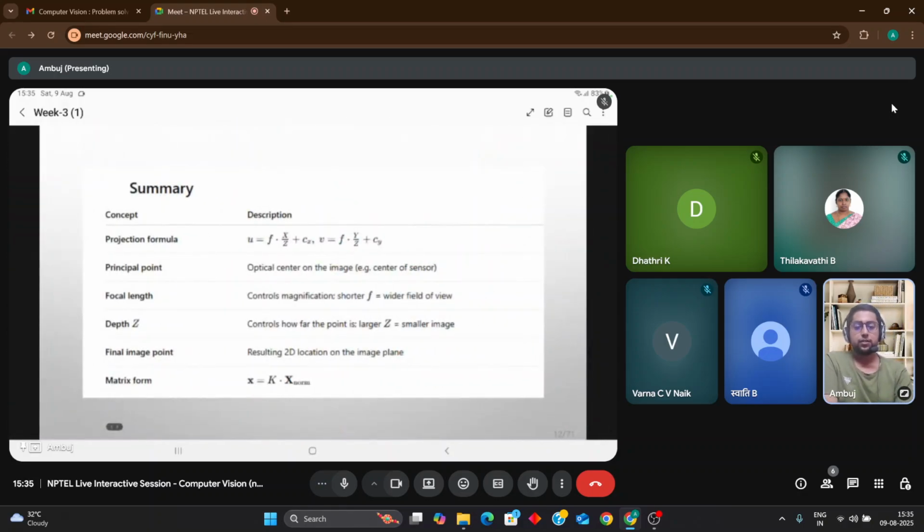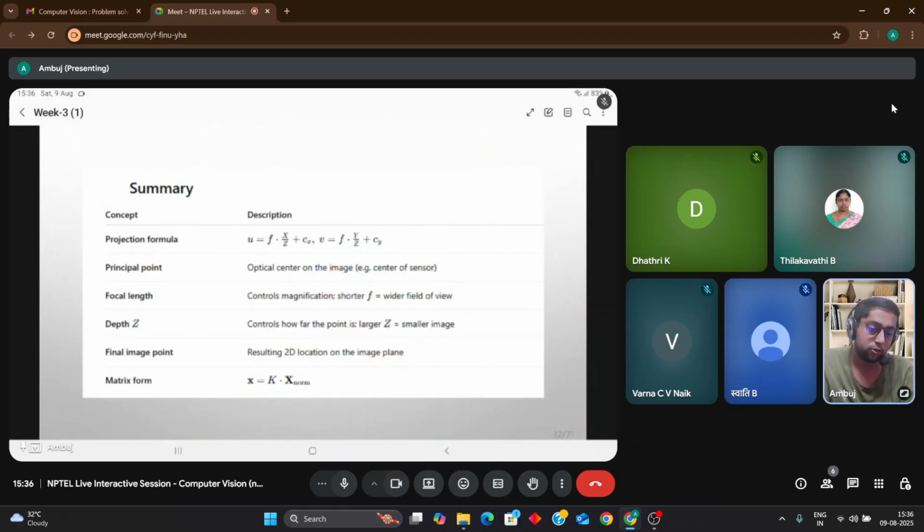What is the summary? The projection formula is u equal to f multiplied by x upon z plus cx, and v as f multiplied by y upon z plus cy. What is the principal point? It is nothing but your optical center or the offset center of the sensor. What is focal length? It controls the magnification.